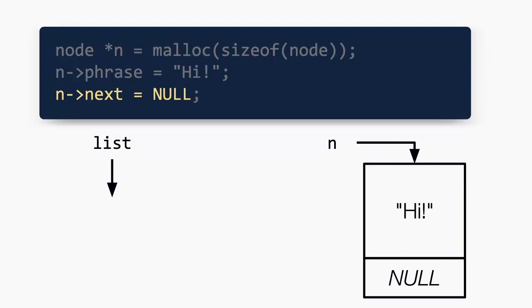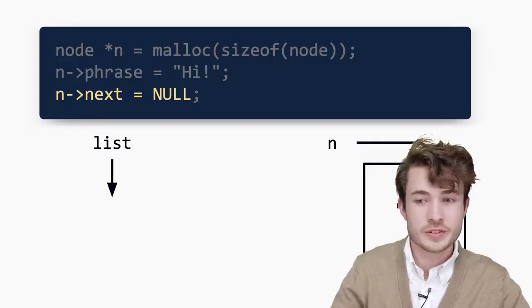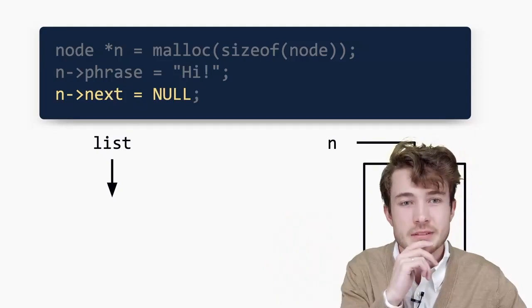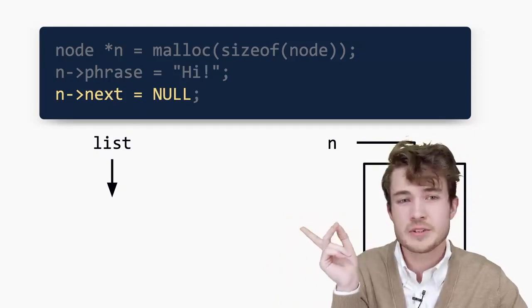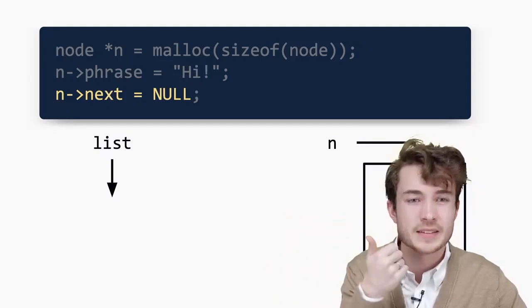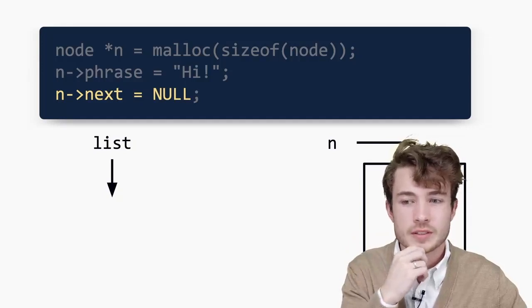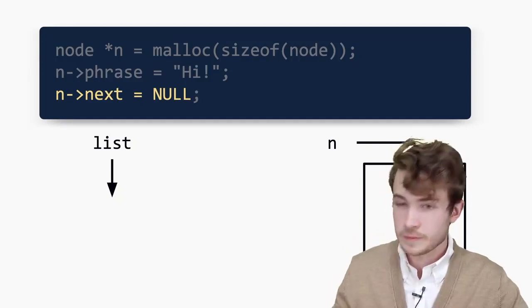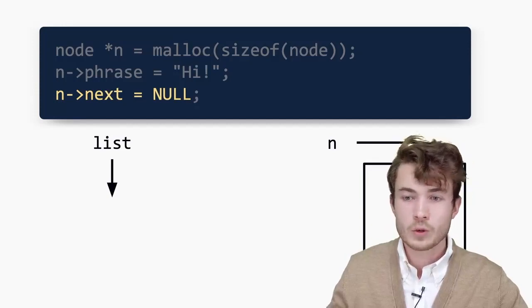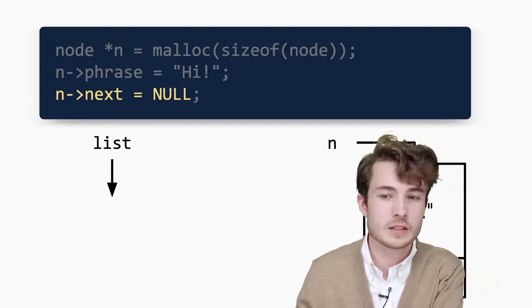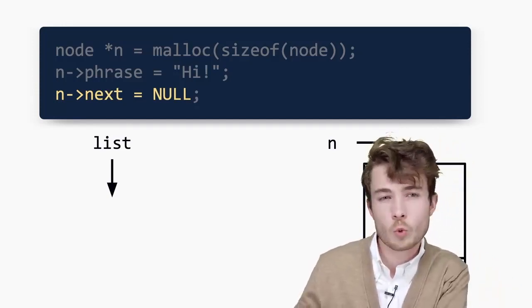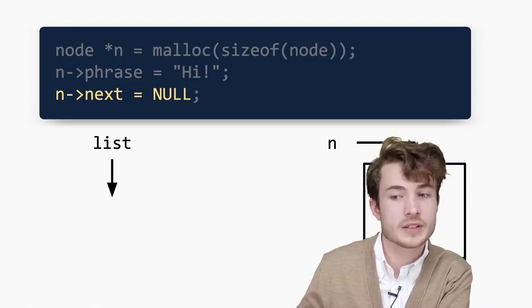Okay, so there's one more step, though, which is our list is still looking pretty empty. We have our node, but our list is still empty over here. So what could we do to actually add this node to our linked list? What kind of code do we need here? Or where do we want list to point now?